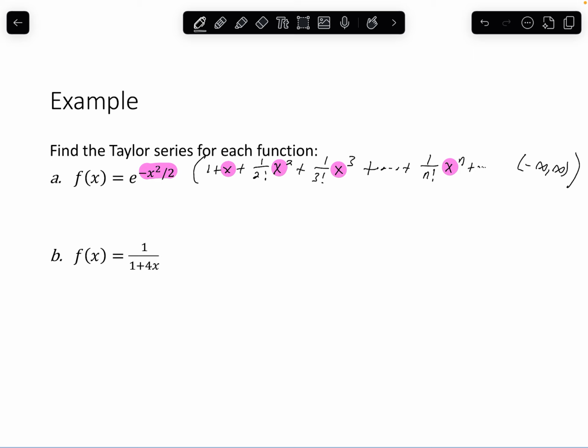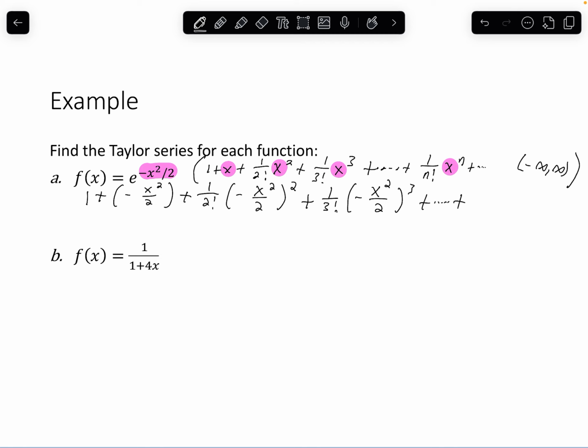So what does that look like? Once we replace it, that makes this 1 plus negative x squared over 2 plus 1 over 2 factorial times negative x squared over 2 squared plus 1 over 3 factorial times negative x squared over 2 cubed.